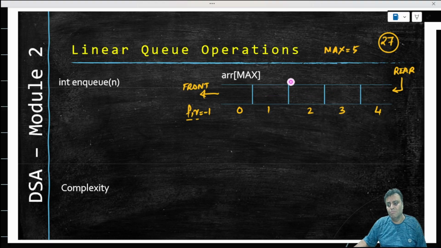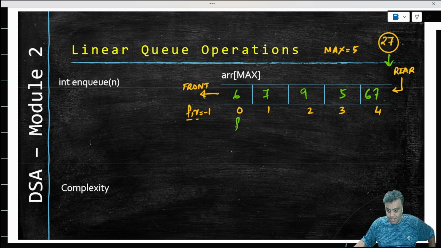But before 27 comes and moves all the way here, let us assume that the queue already had some elements like this. Now do you think that the queue can get this 27 inside? It cannot, because the queue is full, right?